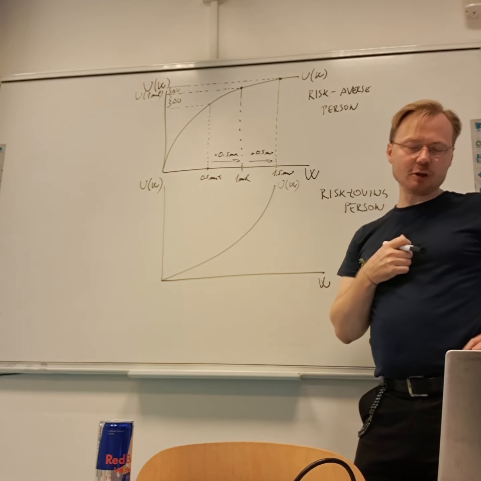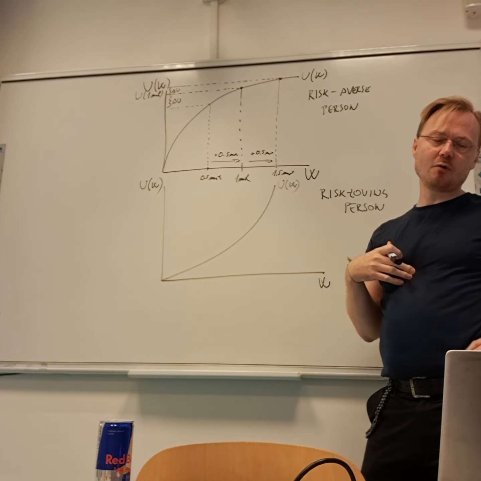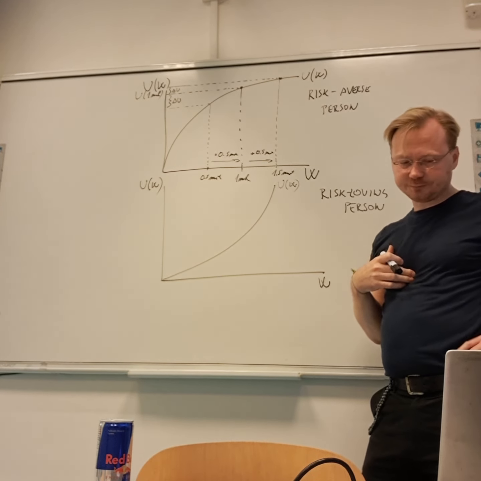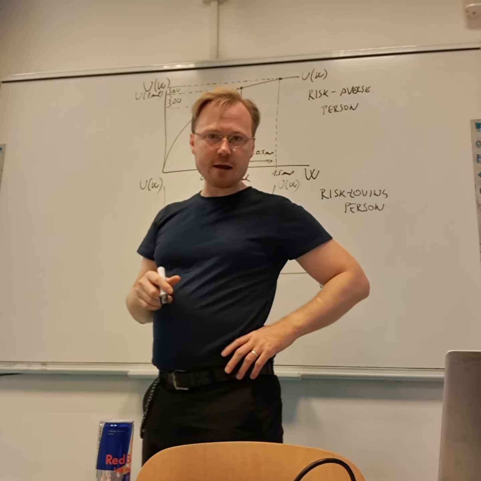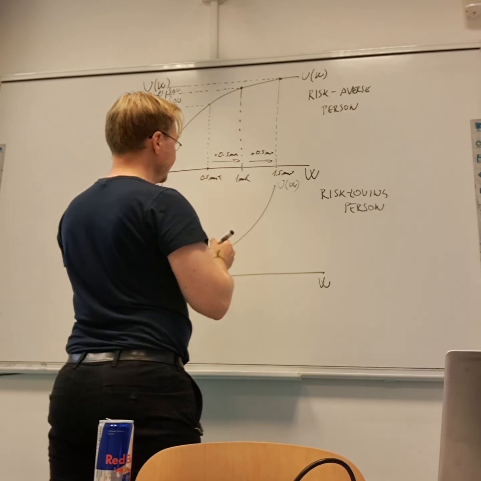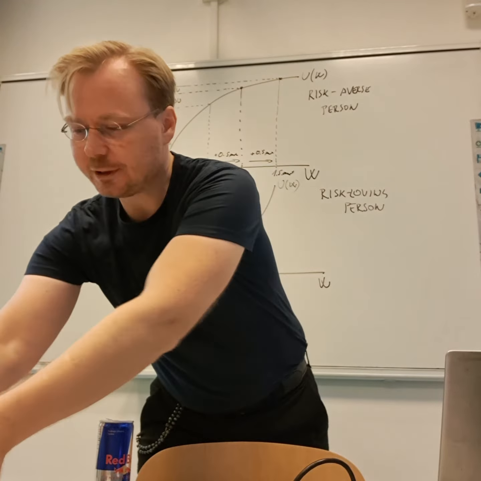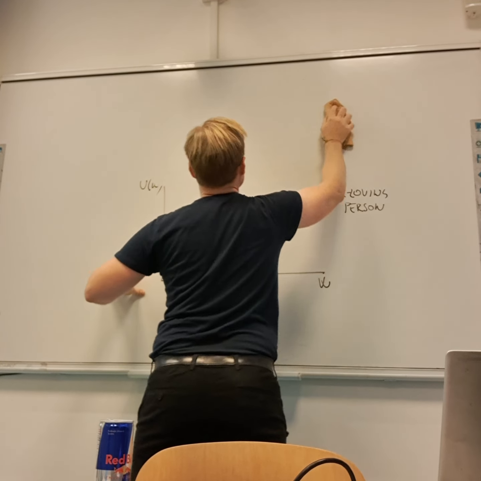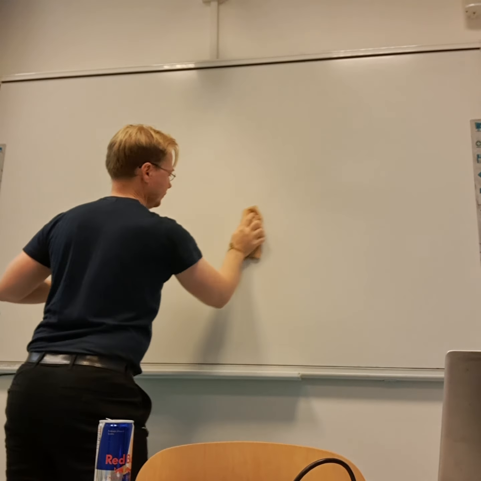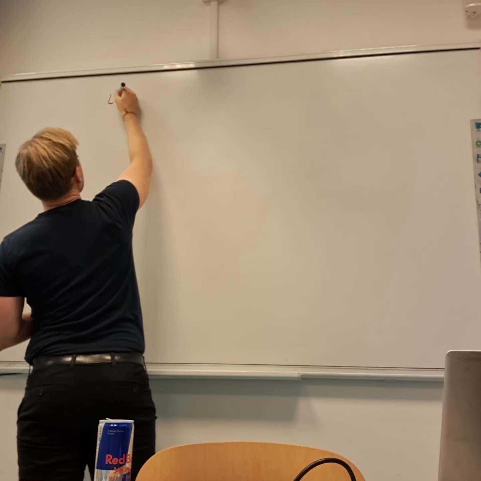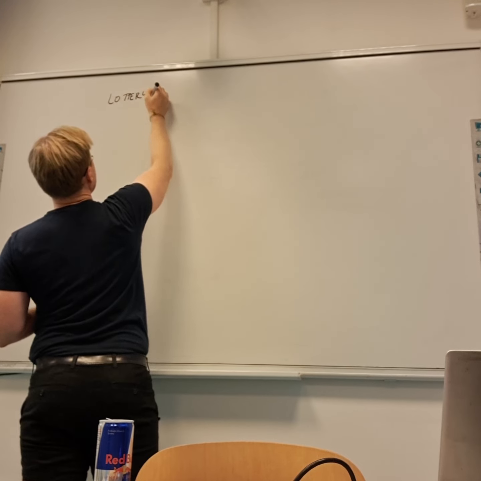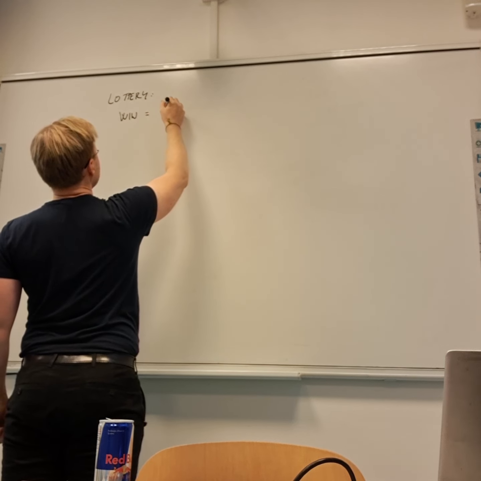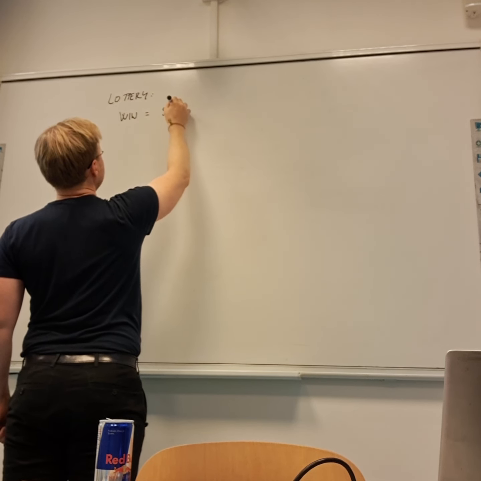Now, let's take a look at one very easy concept. It's the expected wealth. So let's say that I would have some value, some money. So let's say a lottery, where the win is 5,000 crowns.